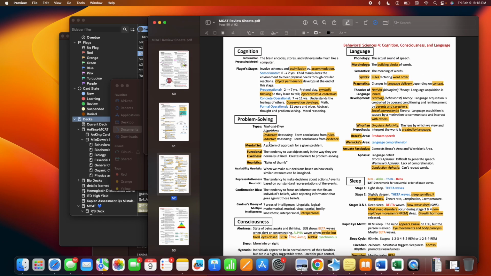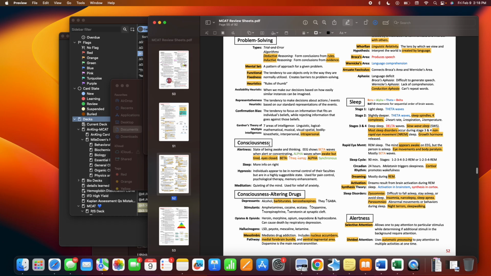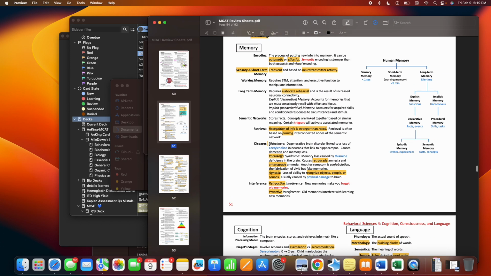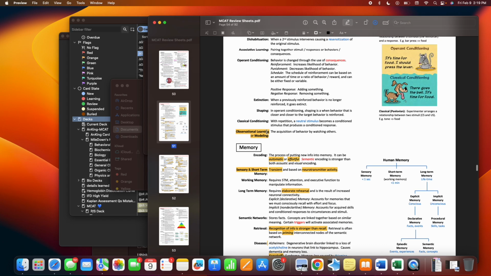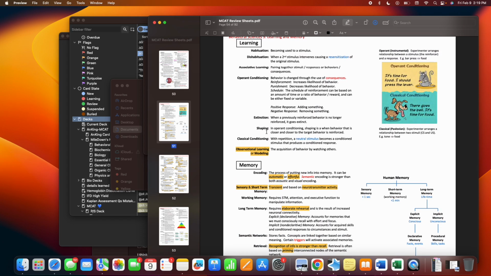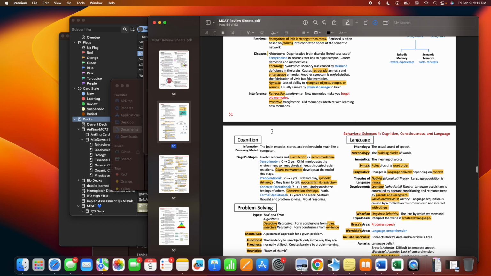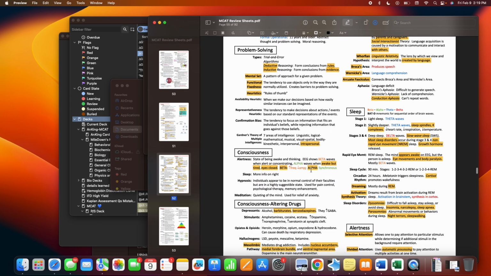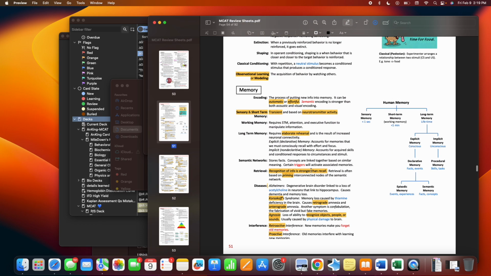Where were we? Apparently this was in chapter 3. So learning and memory were together, and then sleep and cognition and consciousness and language are together. Okay.